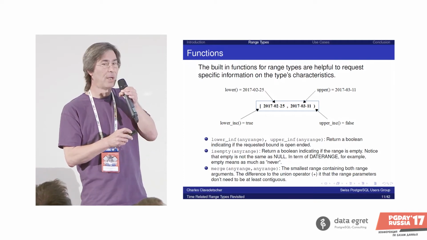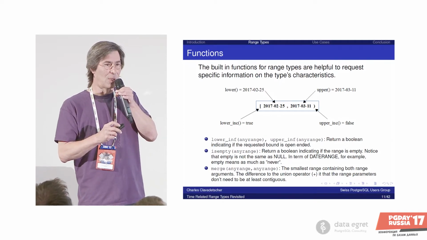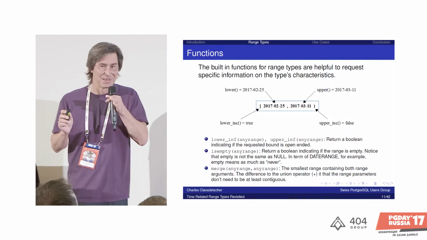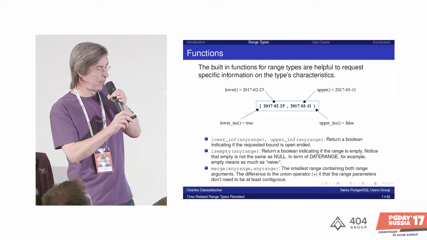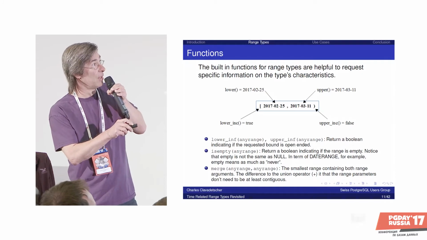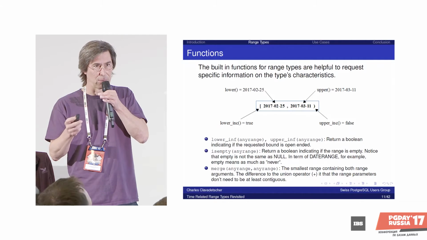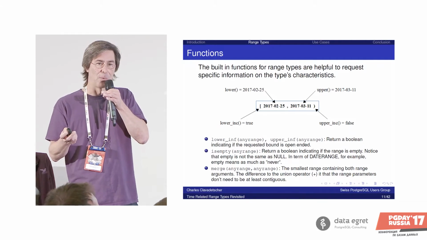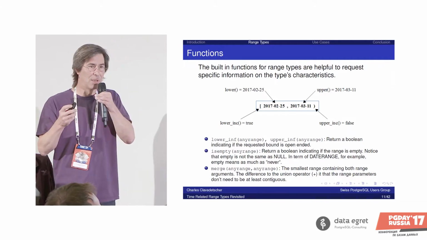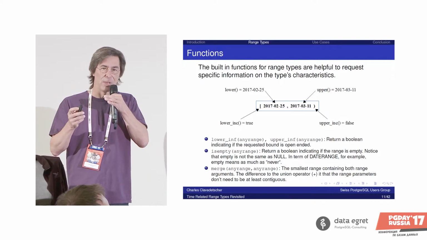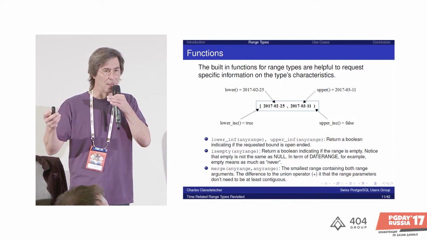Excuse me, the day before, which is included. So as I said before, that might be quite confusing sometimes. For that reason, you also have additional functions that give you the information whether the upper or lower range bound is included or not. Using those two pieces of information, you have all the information that you need to make your logic in the user interface.